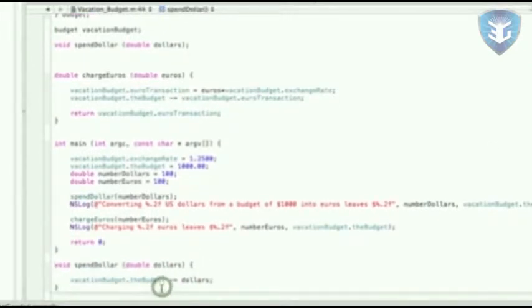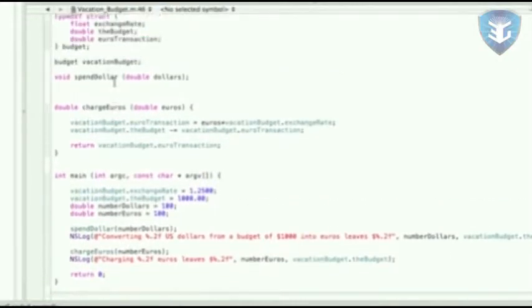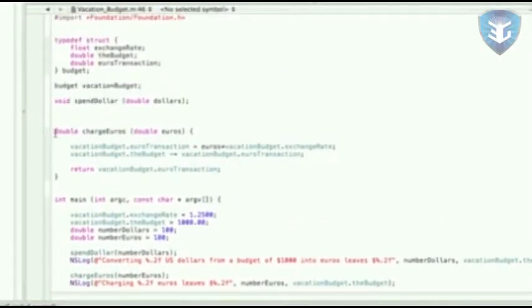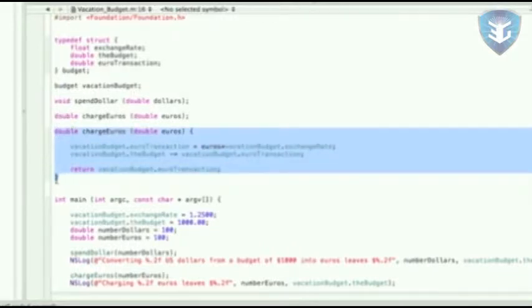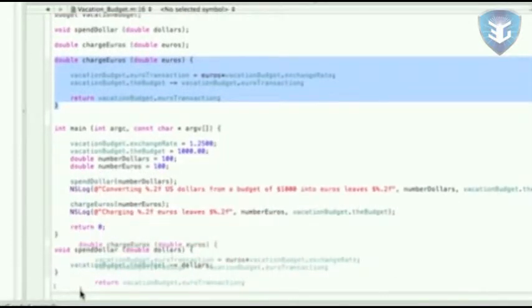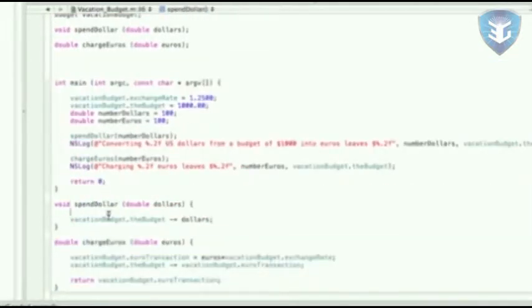Really, function prototypes just give you the freedom to put your functions anywhere in your program that you'd like to put them. Copy and then paste it. Remember, end it with a semicolon, and you can drag it down below.